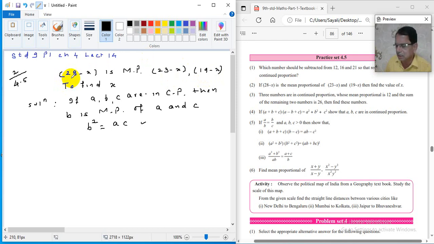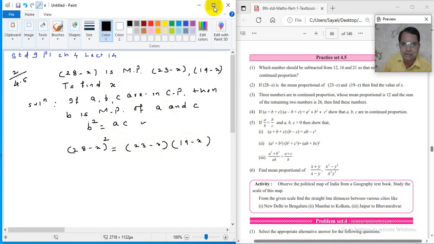So here what you get is 28 minus x bracket square, because B square is equal to AC. म्हणजे आता हा मीन प्रपोर्शनल आहे आणि यांचा आहे तो. तसंच इथे 28 minus x bracket square is equal to 23 minus x into 19 minus x.